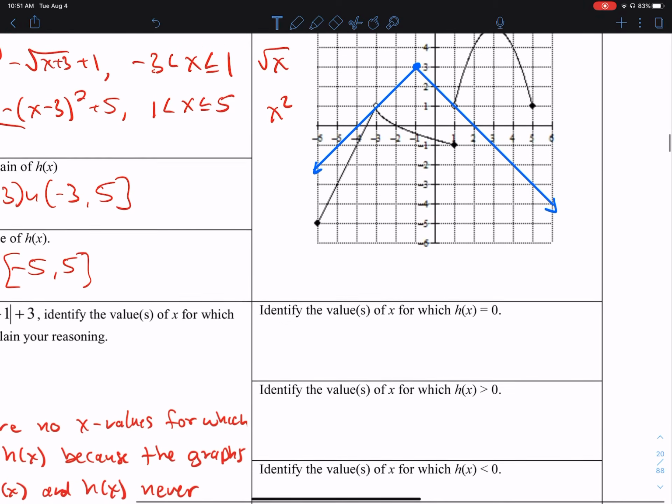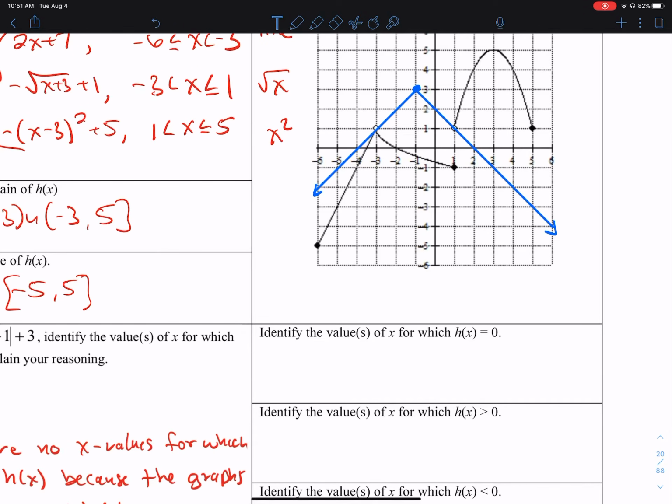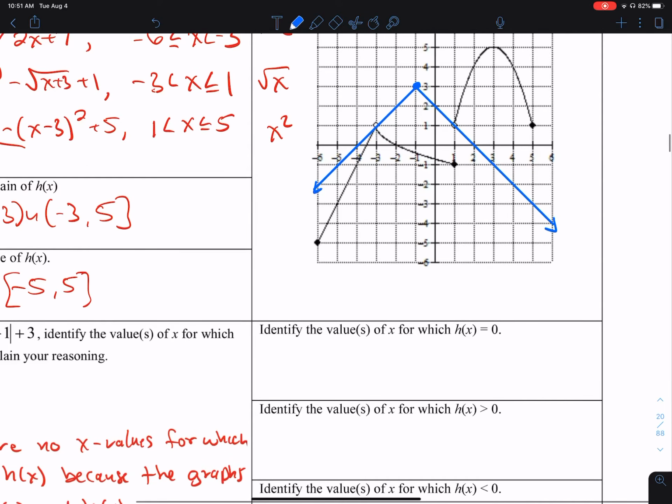Identify the values of x for which h of x is equal to 0. So where does it touch the x-axis? Negative 3.5, negative 2. Identify the values of x for which h of x is greater than 0. When is it above the x-axis? It's above the x-axis from negative 3.5 to negative 2, and then from 1 to 5.